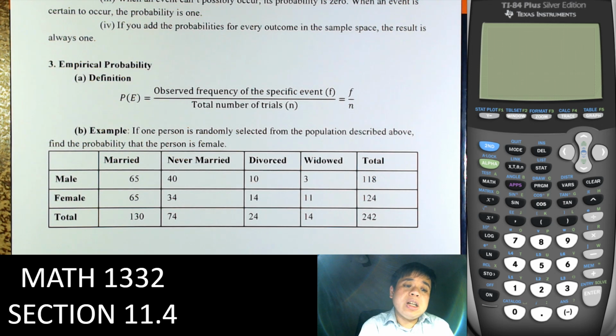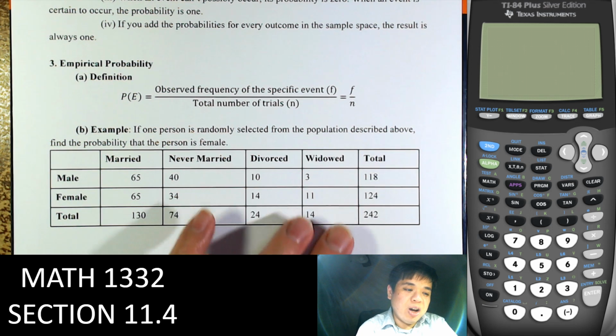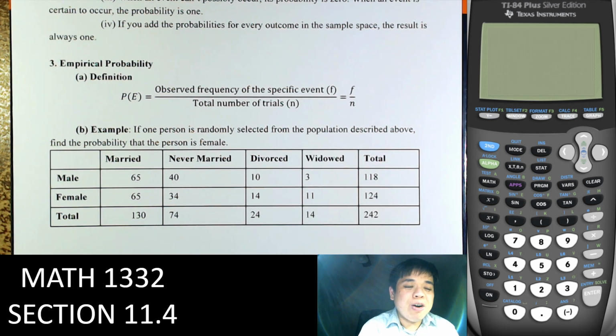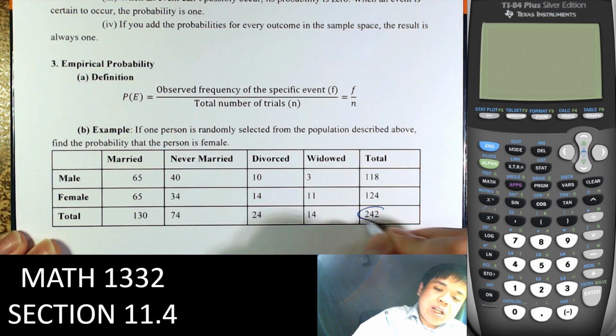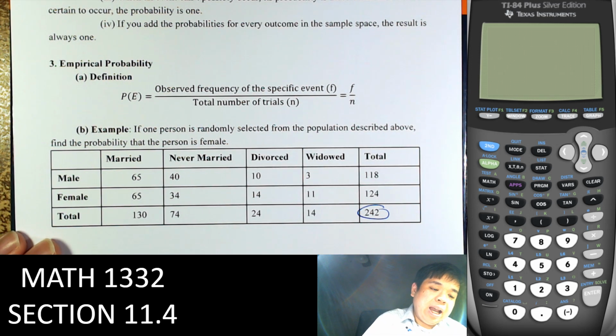If one person is randomly selected from the population described below, find the probability that the person is female. When we look at this, the total is 242, and the female total is 124.